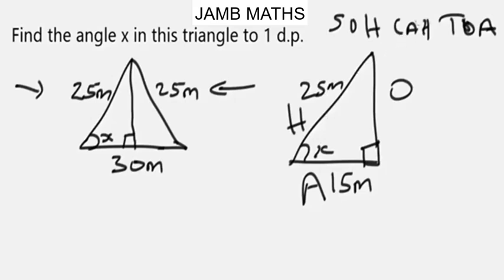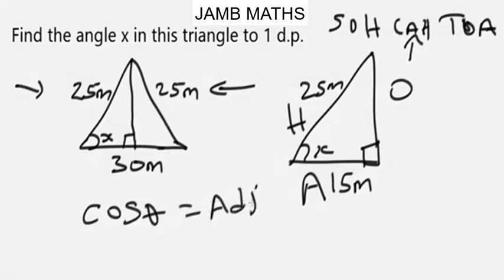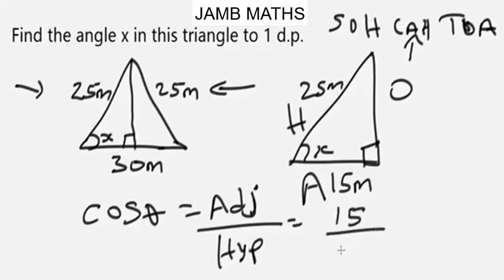All right, cah has both adjacent, this one, and hypotenuse. So that's cos theta. We're looking for x, the angle theta there, which will be adjacent over hypotenuse. So our adjacent is 15 over our hypotenuse, which is 25.